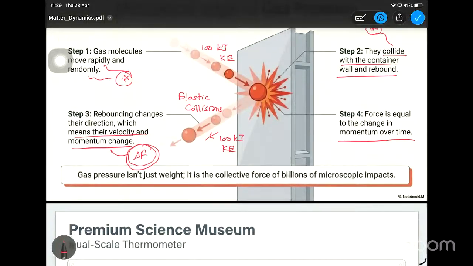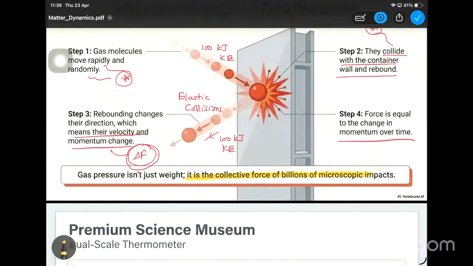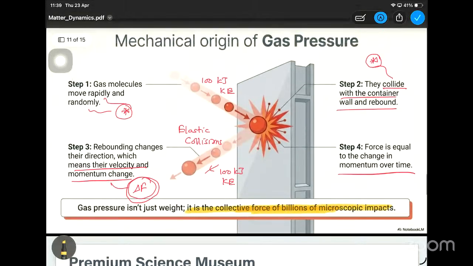Gas pressure isn't just weight, it's the collective force of billions of microscopic impacts. Each particle collides and generates a pressure. Finally, we are looking at the big picture, the huge amount of pressure generated in the system.